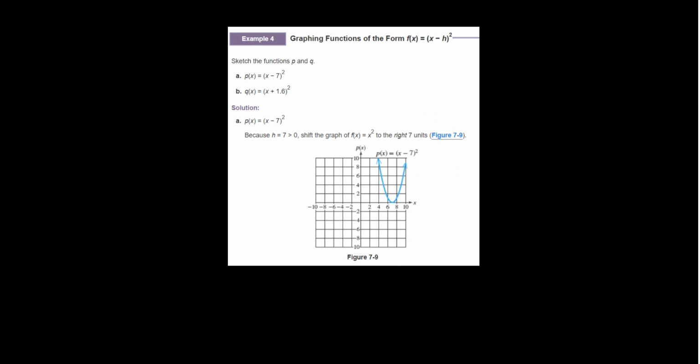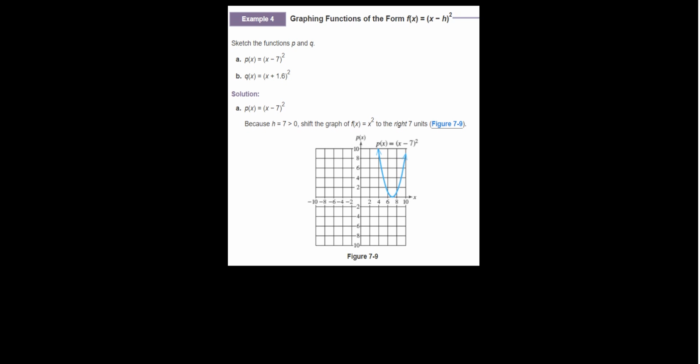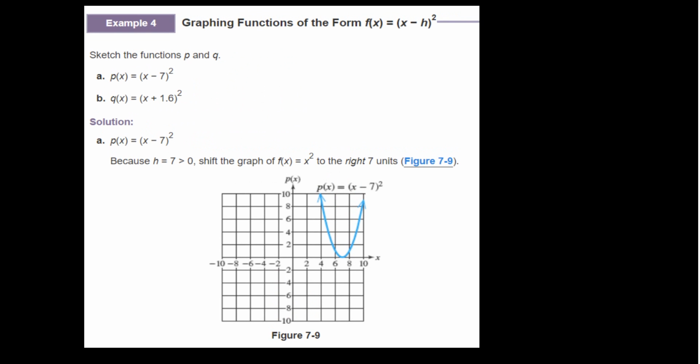And you know what, let's go ahead and put the B on this graph. I mean, it's not going to be pretty, but it'll be there. So it's an x plus 1.6, so I go to the left 1.6 units, so about right there-ish.